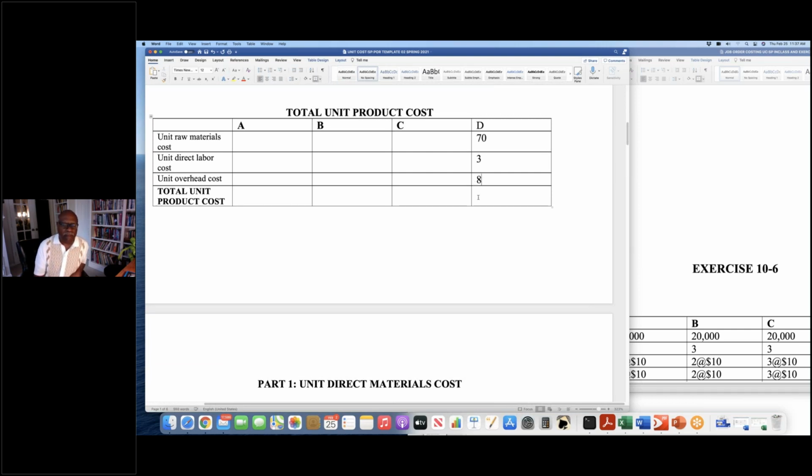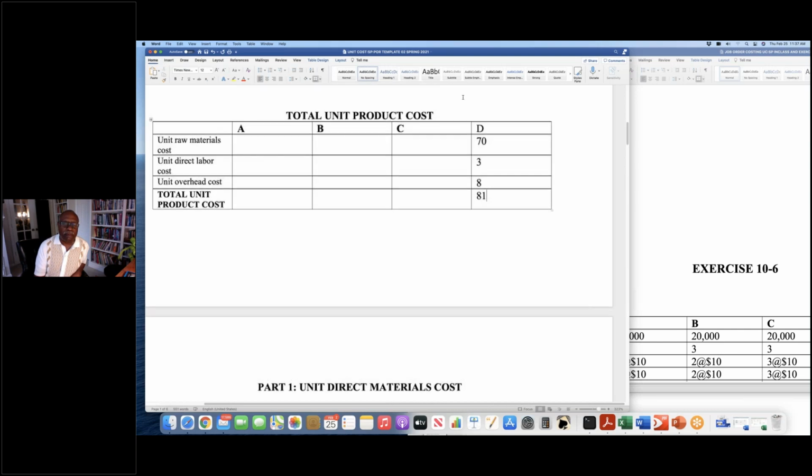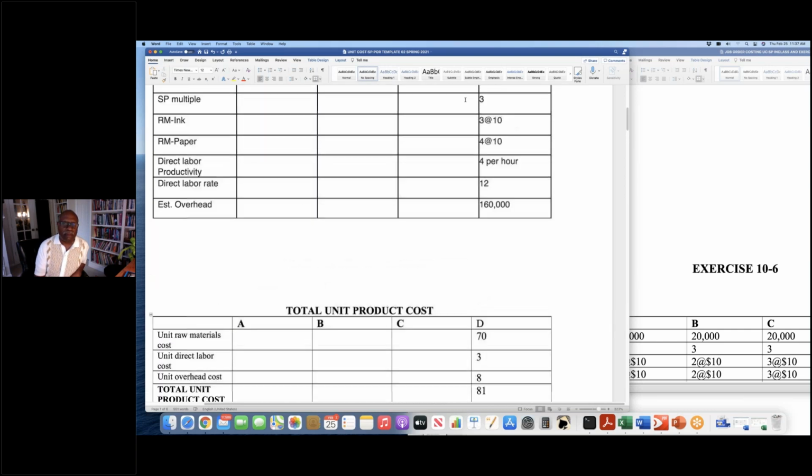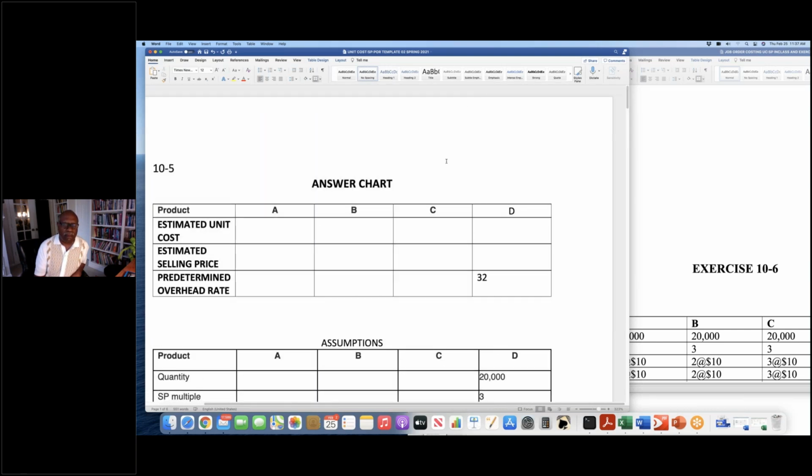Then I'm going to add these numbers up, and how much am I going to get? 81. What am I going to do with the 81? The 81 right there is estimated unit cost. And I need to know one more thing: the selling price.